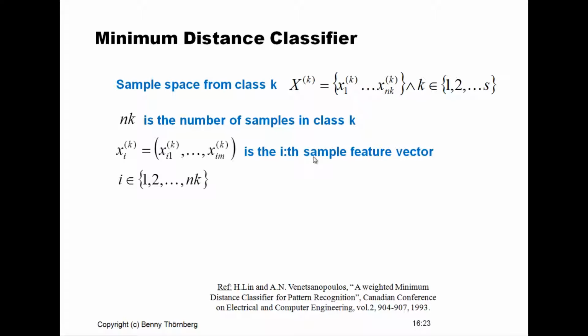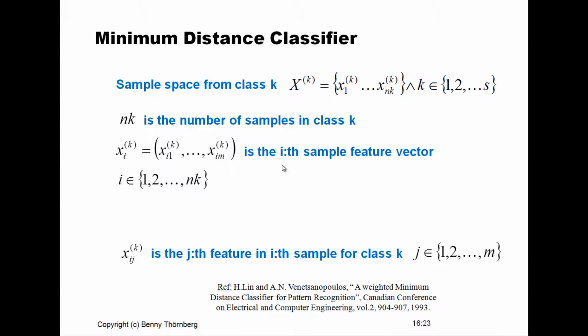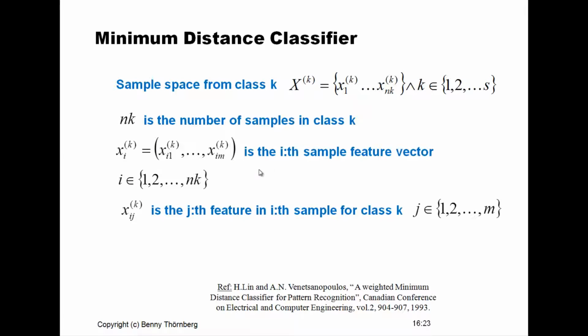For each one of the feature vectors we have features ranging from 1 to M. So one of these feature elements, x_ijk, is the jth feature in the ith sample for class k, where the feature belonging to one feature vector is indexed by j, ranging from 1 to M number of features for one feature vector.